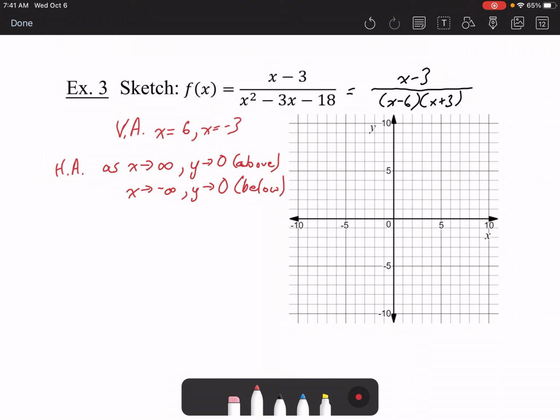So again, choose very large numbers, substitute them in, and see what you get. You can also do the same thing for other end behaviors. So first of all, our horizontal asymptote is y equals 0. I'm going to draw my horizontal asymptote, and I'm going to draw my vertical asymptotes.